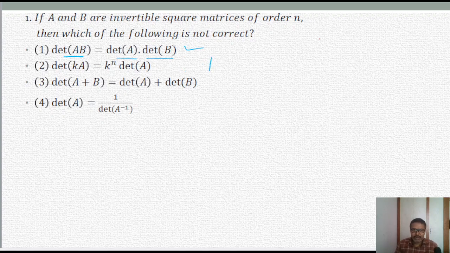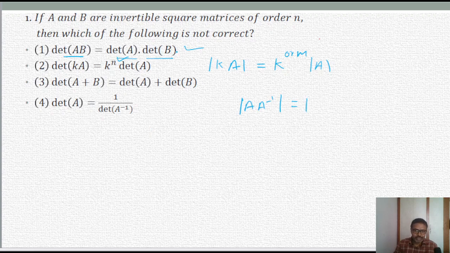And determinant of K into A can be written as K to the power order of the matrix into determinant A. Here order of the matrix is n, so K to the power n into determinant A. And the last option, fourth one, determinant A is equal to 1 over determinant A inverse. That is also correct, because determinant of A into A inverse, we know the value is 1.